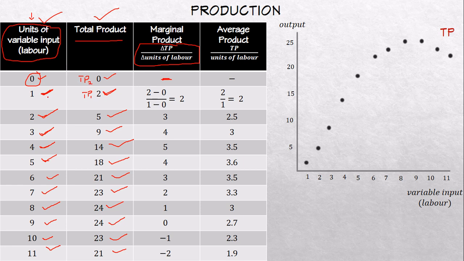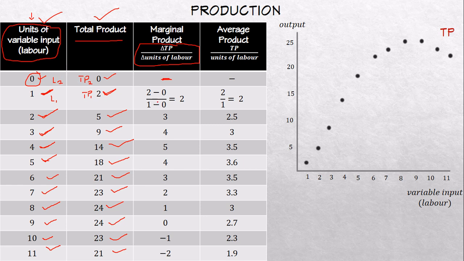Then let me call this over here maybe my labor 1, and this is labor 2. So now if I want to calculate the marginal product, then it is going to be the TP1 minus the TP2 all over the labor 1 minus the labor 2. So the change in the TP over the change in the labor.